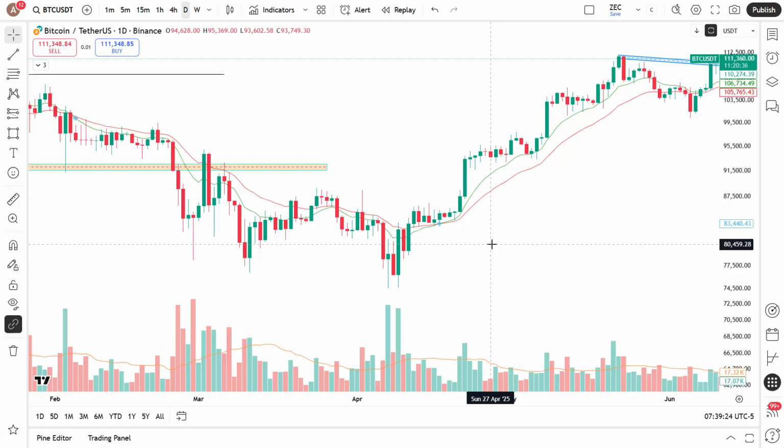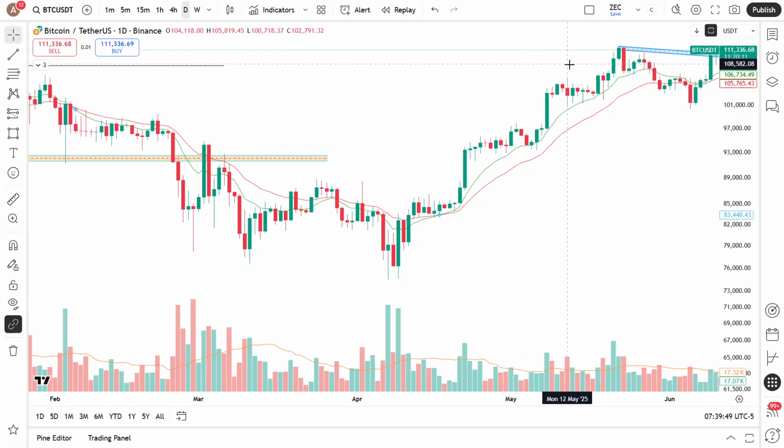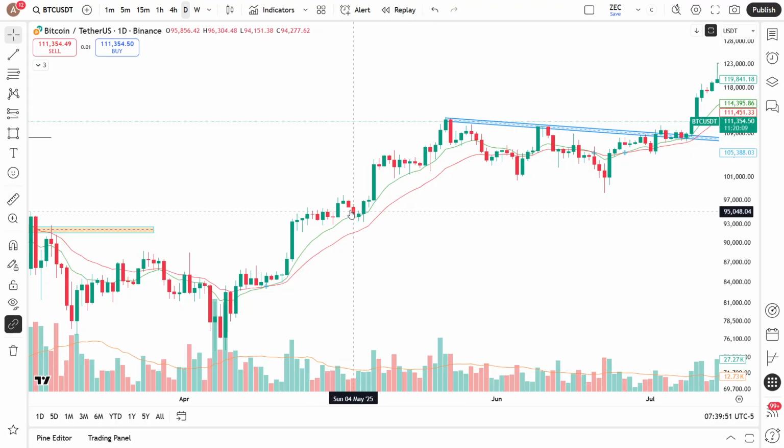A breakout is only confirmed when it breaks out of the support and resistance level and then does a retest of the SR level. And once the retest is confirmed and it continues in the direction of the breakout, that's when it's safe to go long or short, right? Likewise with the EMAs, we do not consider this uptrend completely safe until it retaps the EMAs and then shows me a further impulse up, right?